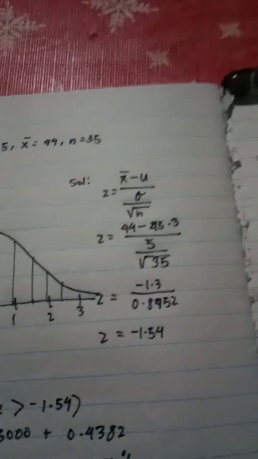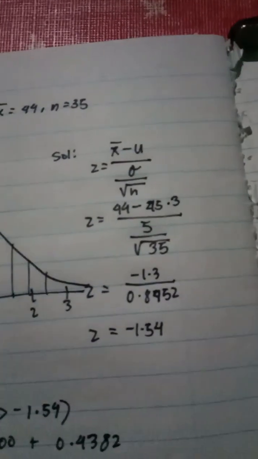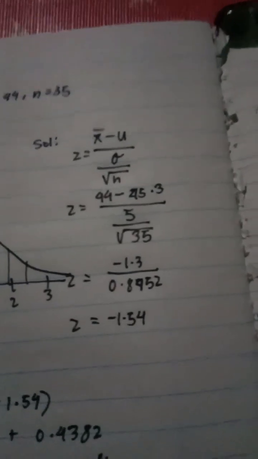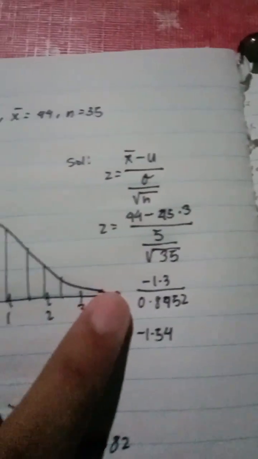So first, we're going to subtract 44 and 45.3. The result will be negative 1.3.